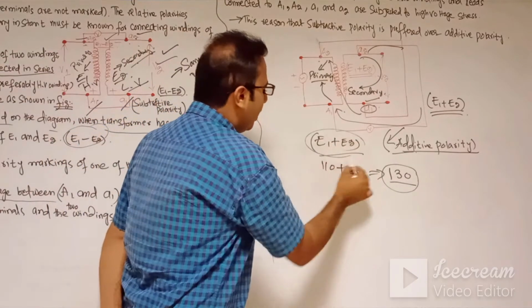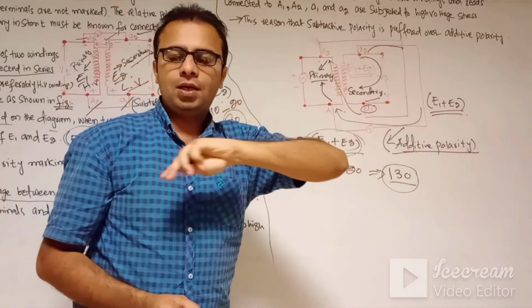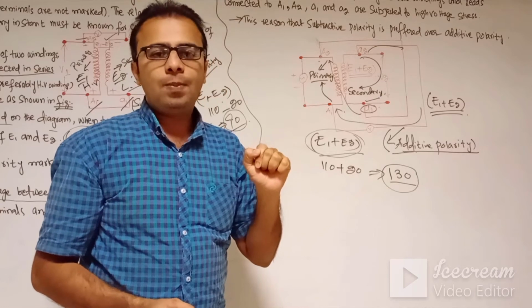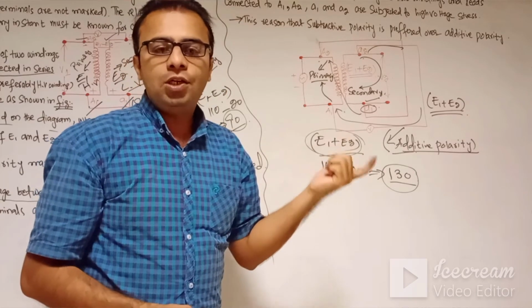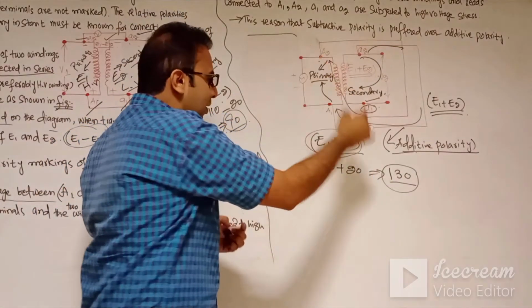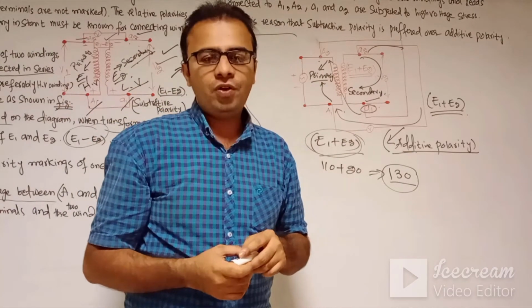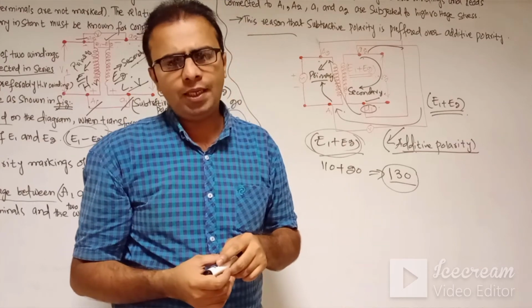In the additive polarity, the leads connected with the two windings of the transformer are subjected to high voltage stress, because the induced EMFs are additive in nature. For this reason we always prefer the subtractive polarity.